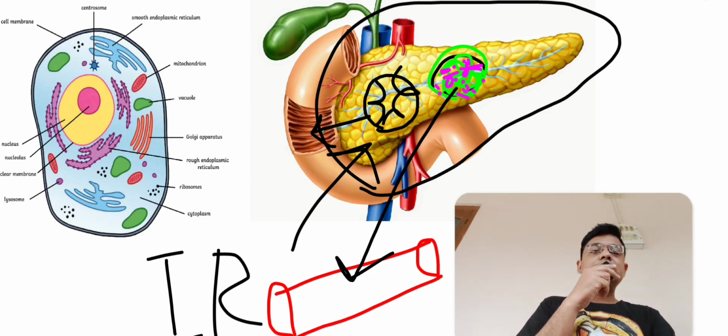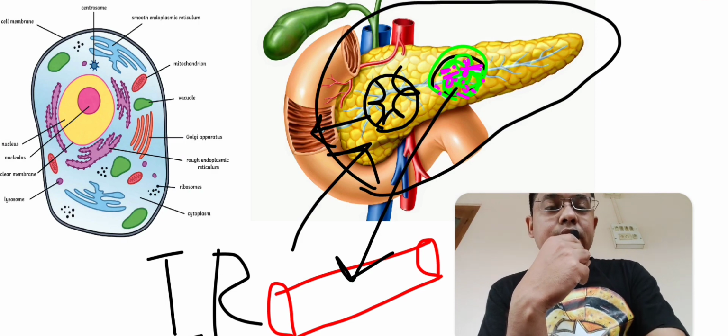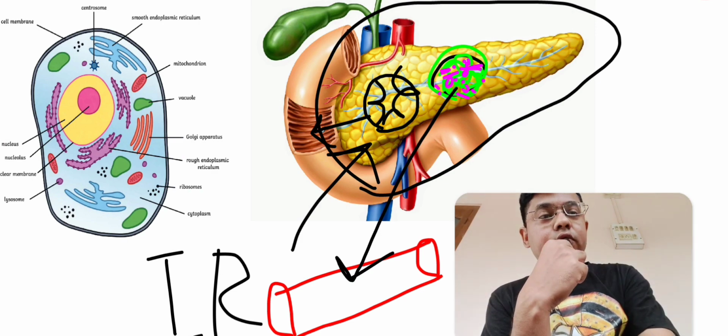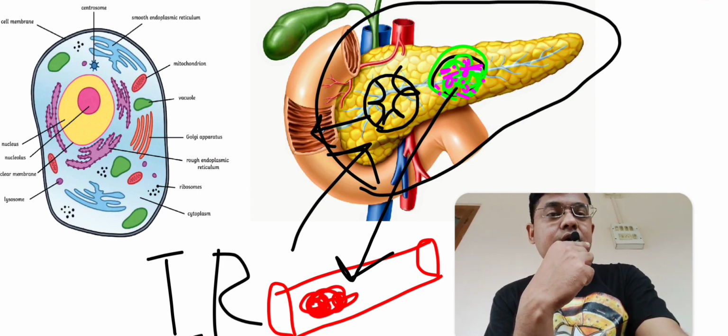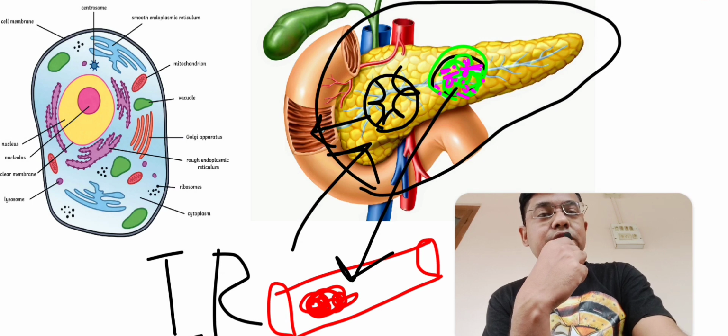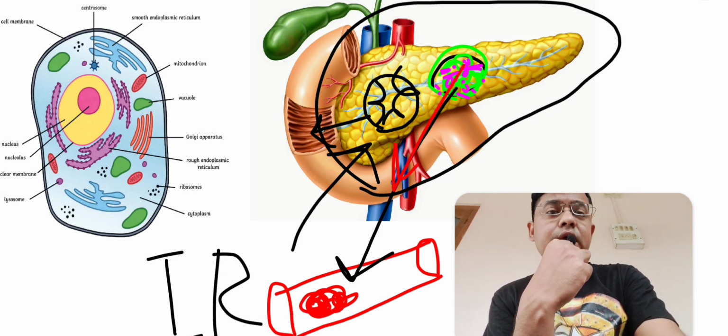Now, when is insulin secreted? When there is a high level of glucose in the blood. This high level of glucose triggers the release of insulin from the beta cells, and this insulin comes into the blood vessels.